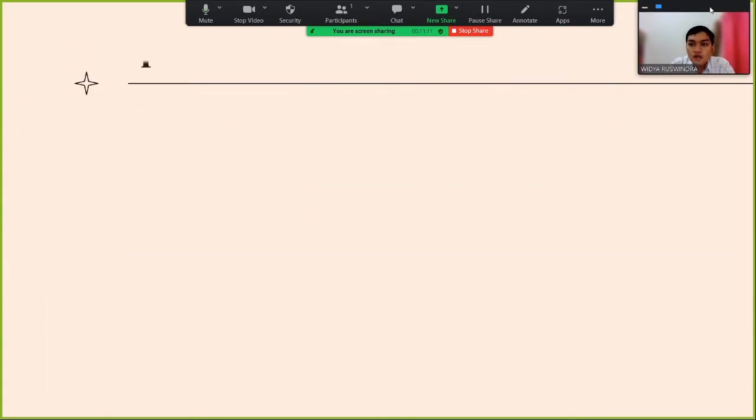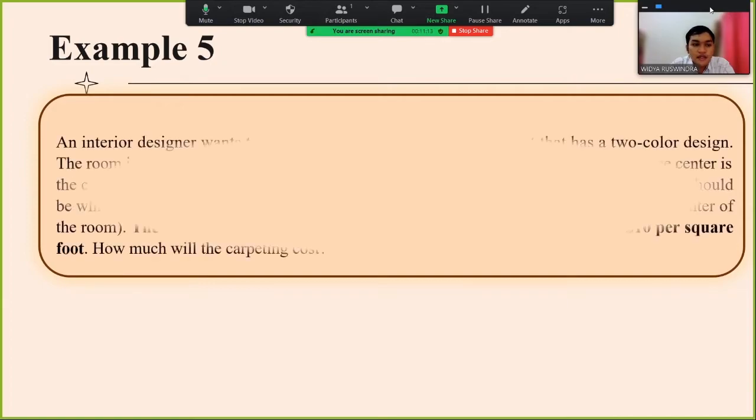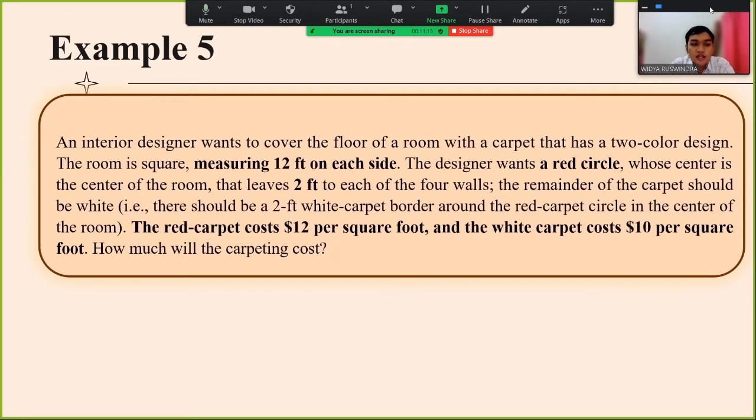Okay, for the next question, example 5. An interior designer wants to cover the floor of a room with a carpet that has a two-color design. The room is square, measuring 12 feet on each side. The designer wants a red circle whose center is the center of the room that leaves 2 feet on each of the four walls.